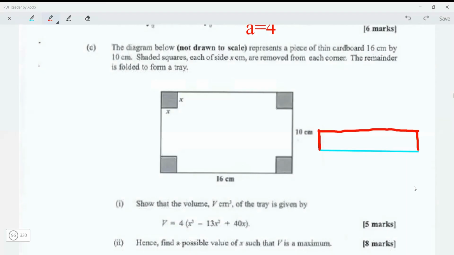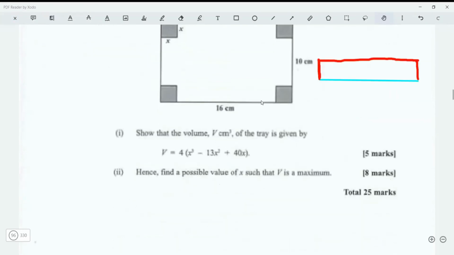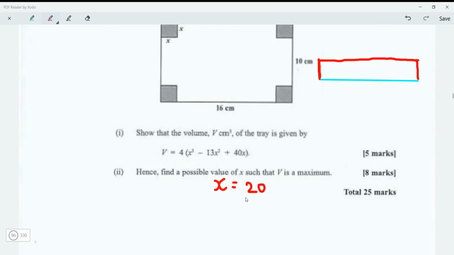Oh no, we're done. I think they just wanted the value of x for which it is minimum. See there, we're actually done. Find the value of x for which it is minimum. So in this case, we'll find that x equal 20 over 3. We're nice. Yeah, man, we're good.